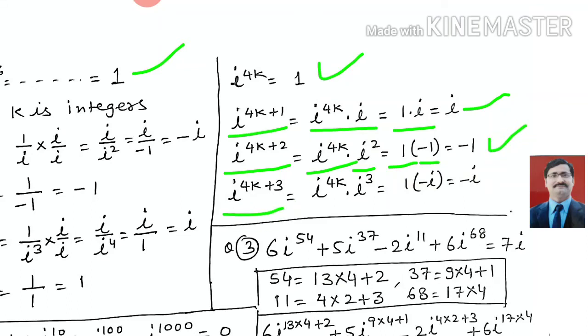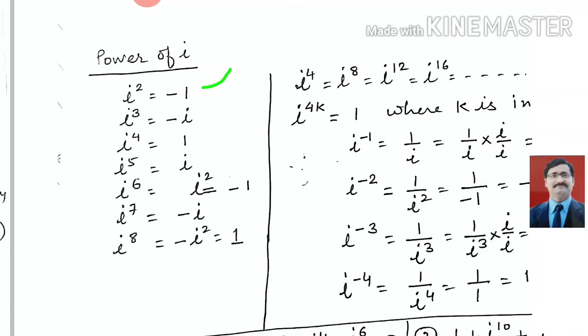Iota power 4k plus 3 is iota power 4k into iota power 3, where iota power 4k is 1 and iota power 3 is minus iota. So that will be minus iota.